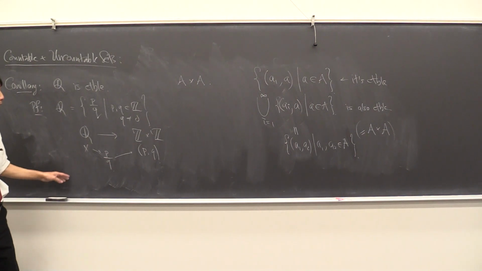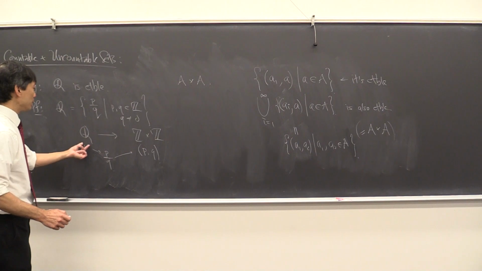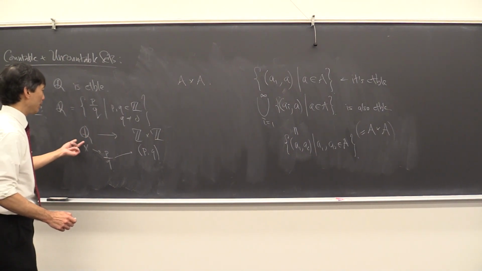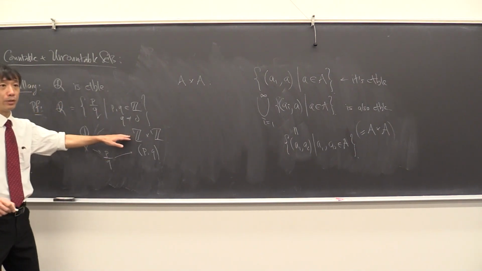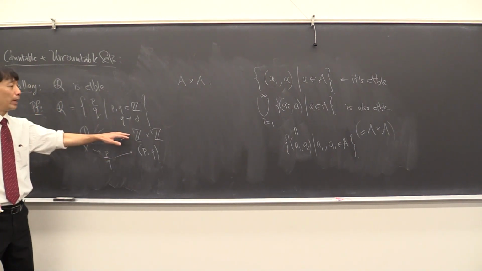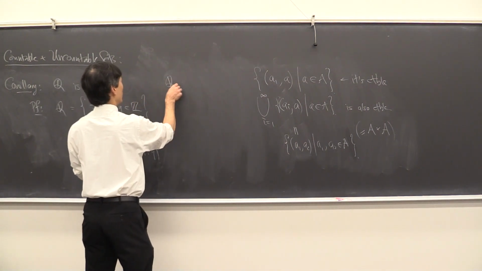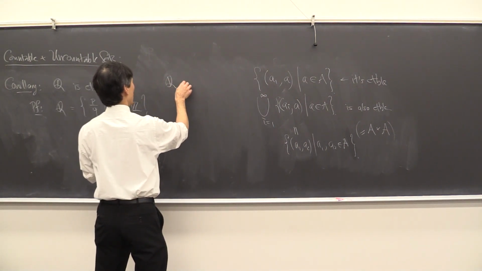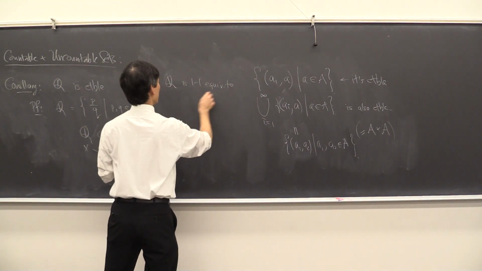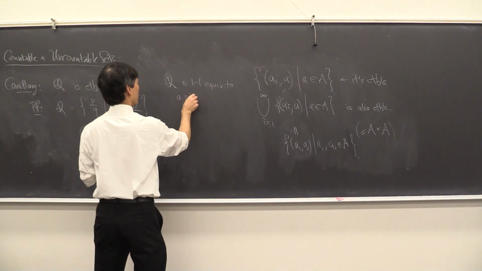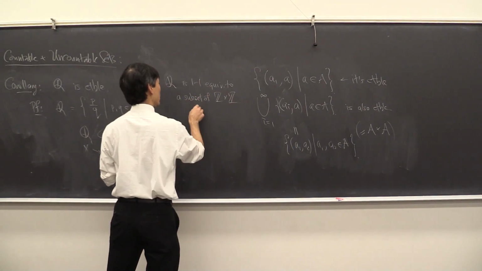So that gives us a one-to-one map from Q into Z cross Z. So what does that give you? That gives us that Q is one-to-one equivalent to a subset of Z cross Z, which is countable.